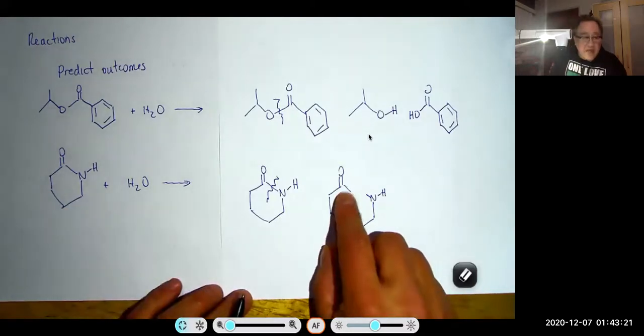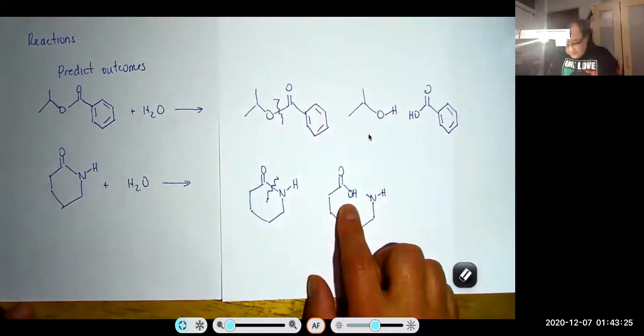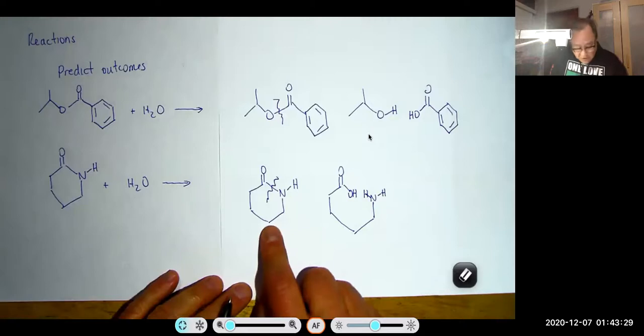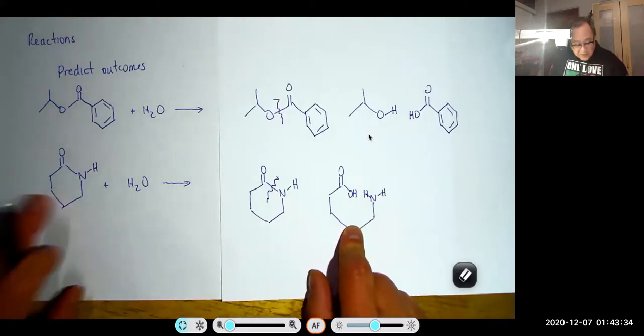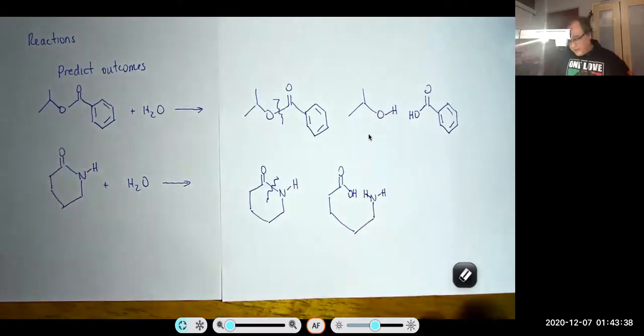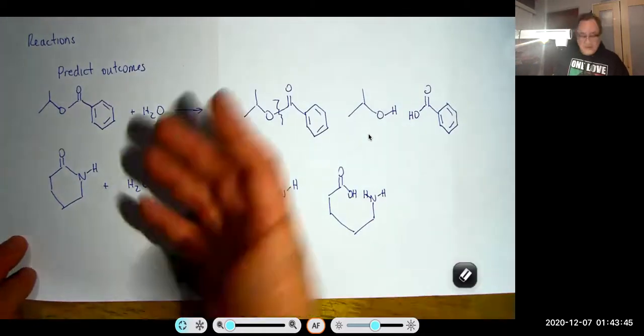What always adds to the carbonyl? The OH by the oxygen, and then the H to the other side. So this is an interesting molecule. We start off with one molecule and we end up with one molecule. However, this molecule is a ring. This one no longer has the ring. So we've broken the ring. So you will see some problems like that on your homework about how you hydrolyze things like this.